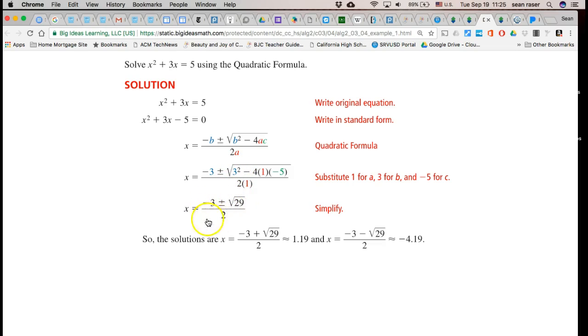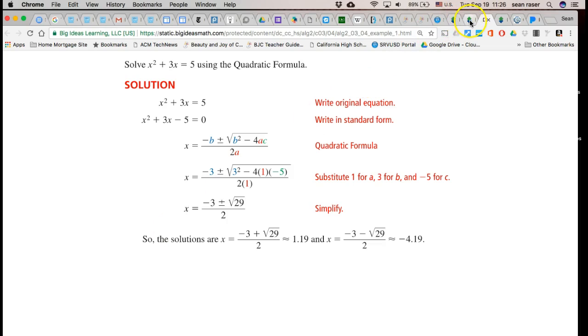Now, in another case, if this was a perfect square, you would want to simplify this and further reduce this fraction. So where you stop depends on what values you have in here, and if they are whole numbers or fractions or something, you always want to simplify it as much as you can.